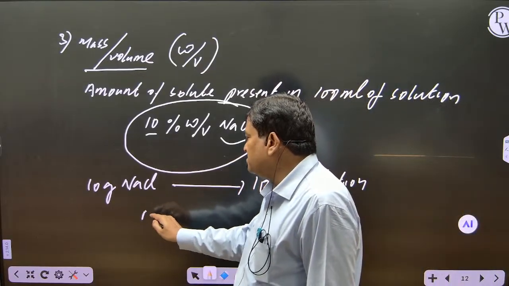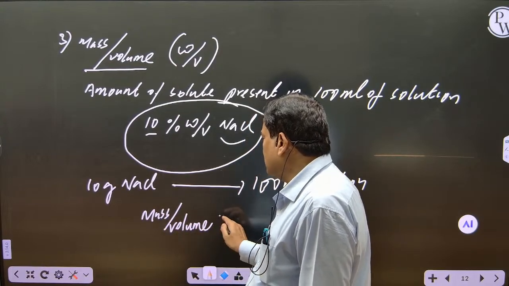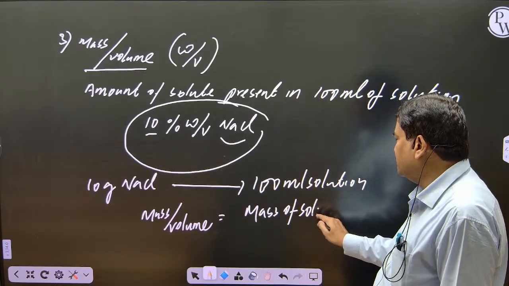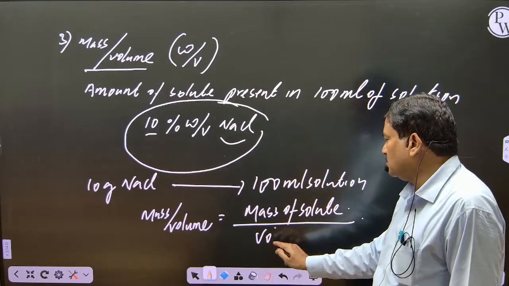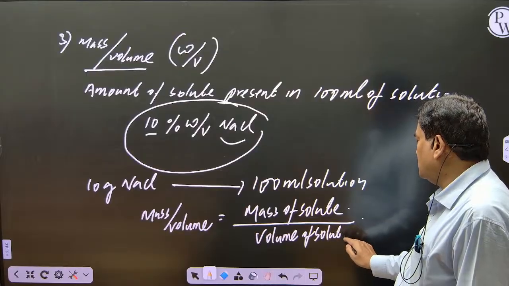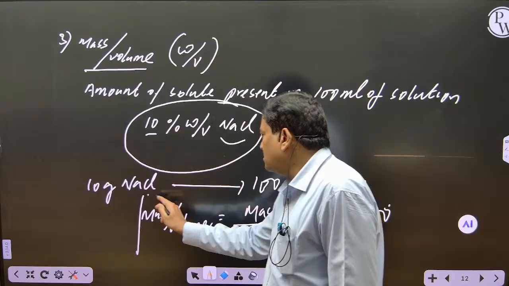So mass by volume percentage is given by the relation: mass of solute upon what, student? Volume of solution into 100. This is the relation for mass by volume.